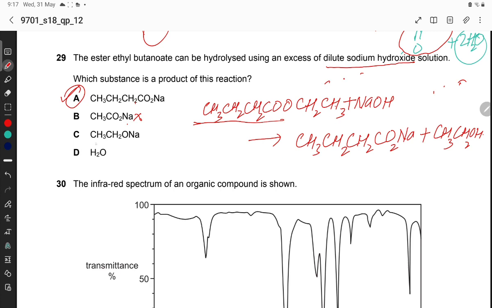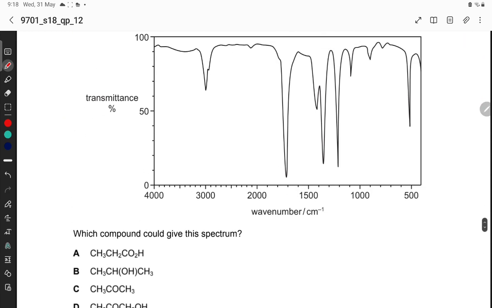CH3CH2ON is also incorrect. Water is also incorrect, because the two products are sodium butanoate and ethanol.